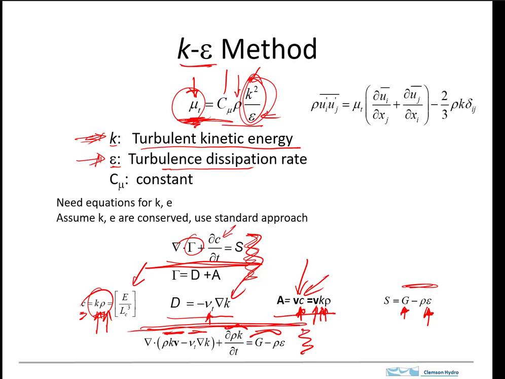Remember, the closure problem was we had more unknowns than equations, and we couldn't solve it. But now, by setting up this viscosity term and coming up with a way to relate that to these two additional terms, we've got additional equations that we can solve.